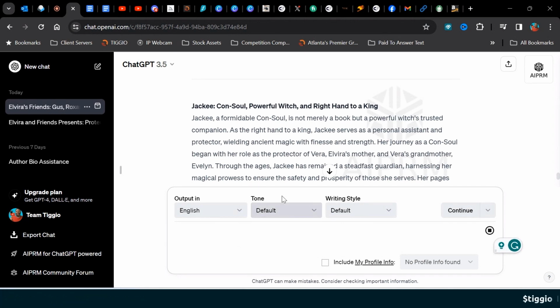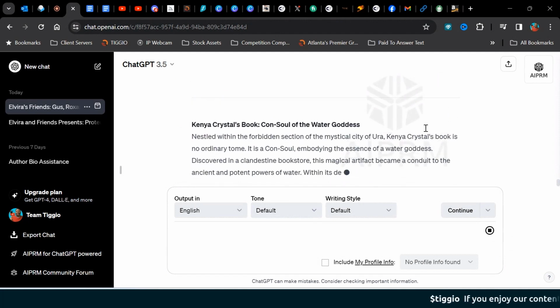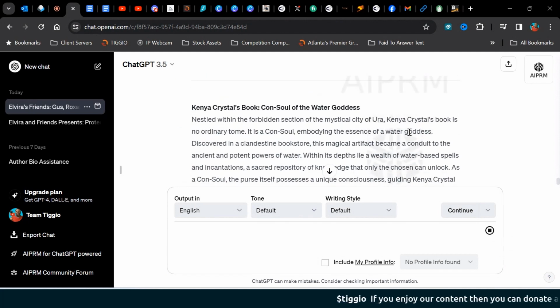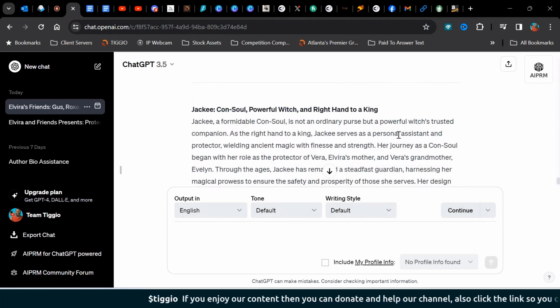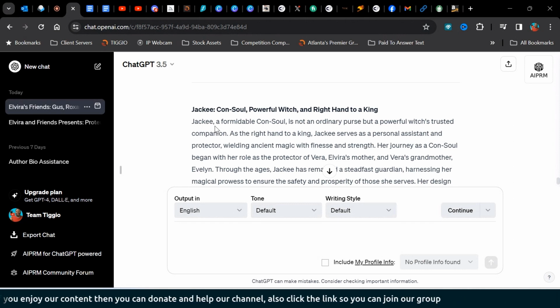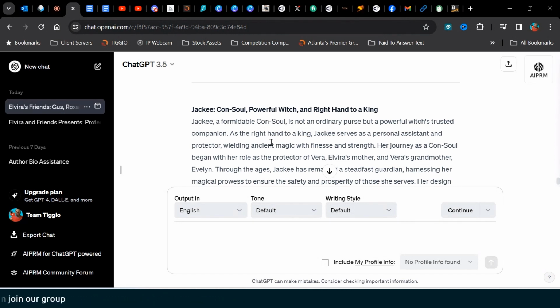All right, let's see if it fixes it. See, so when you ask it to fix it, as you can see, Jackie is a formidable console. It's not an ordinary purse, but a powerful witch's trusted companion.